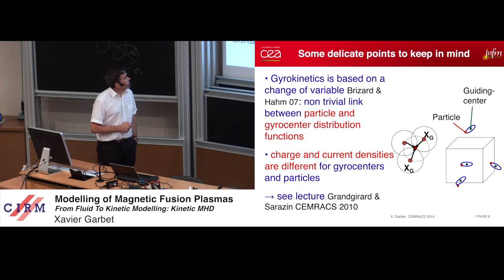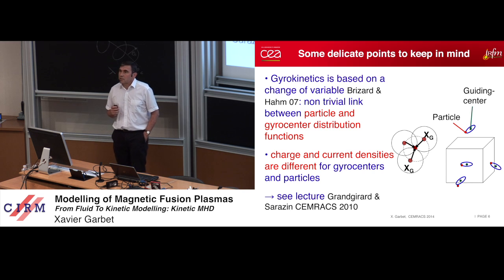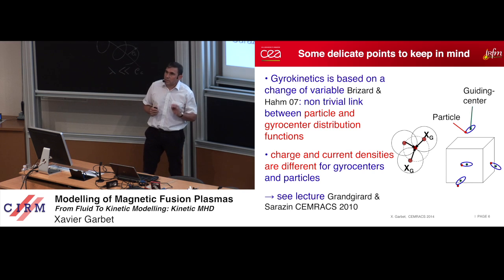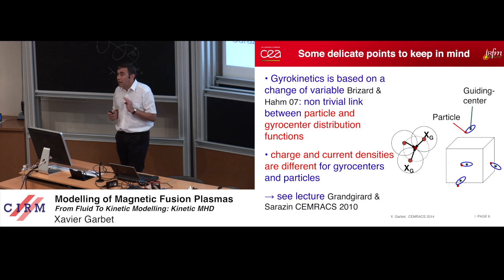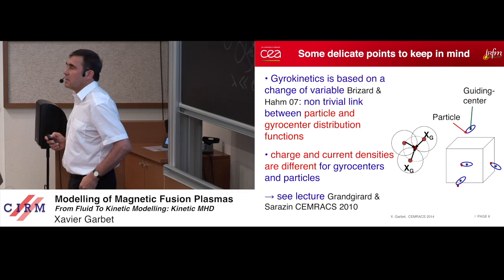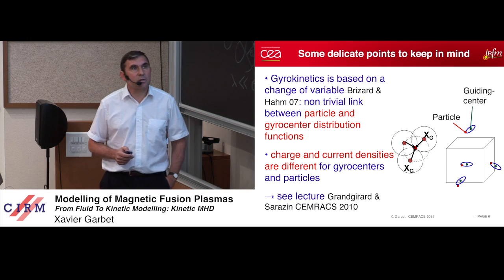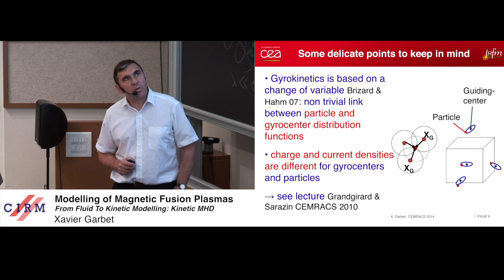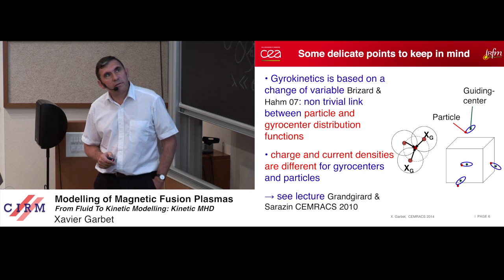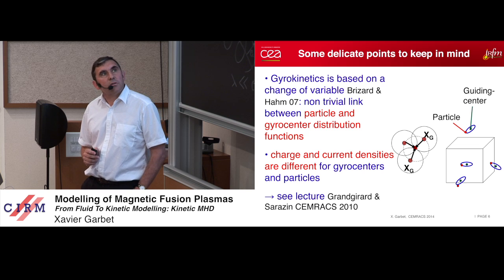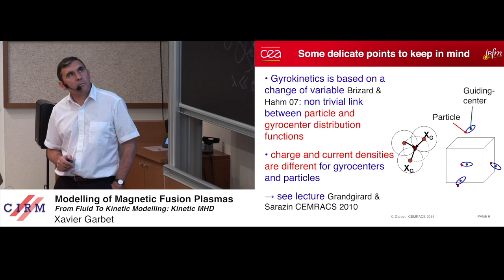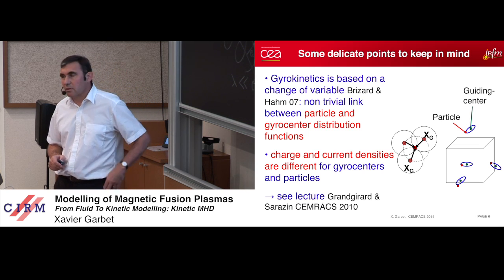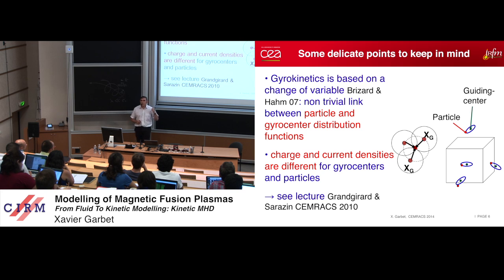The second thing is that the charge densities of true particles, actual particles, are not the same as those for gyrocenters, and that's very easy to understand if you take a box here with your particles, and the blue curves here represent the cyclotron motion. Well, you can have cases where the particle is inside the box and the guiding center outside, or conversely, the guiding center is inside and the particle is outside, right?